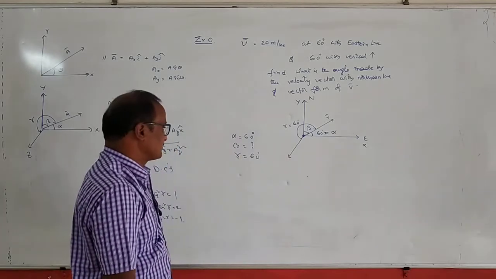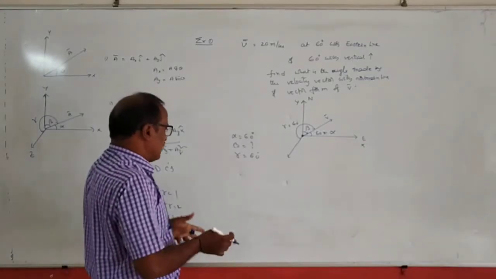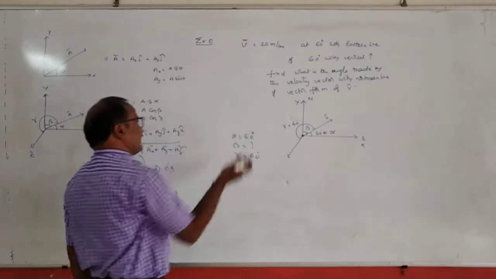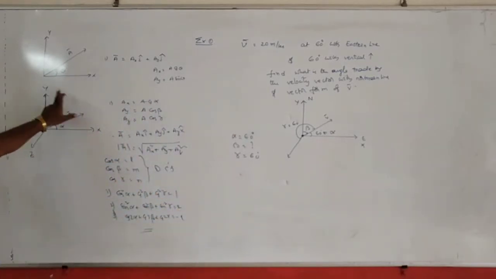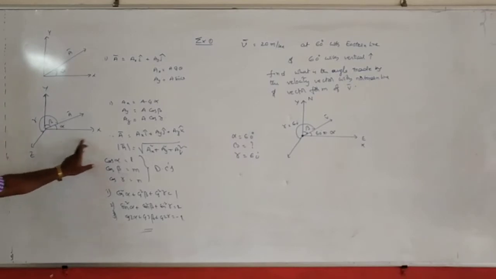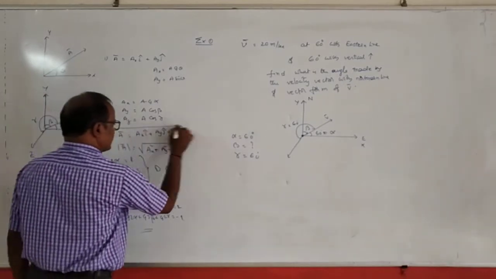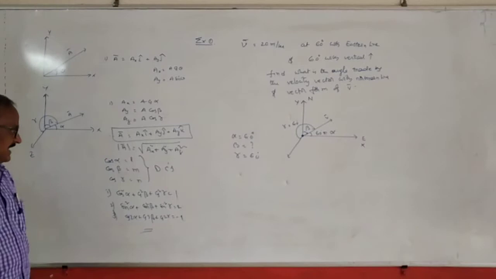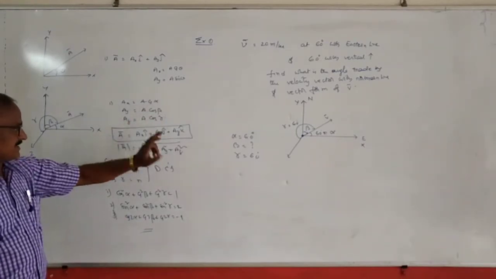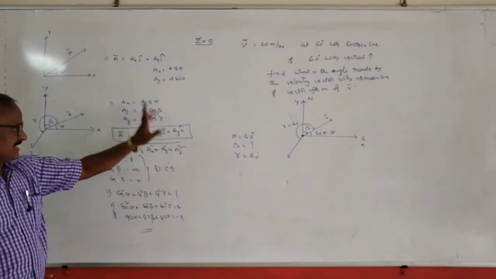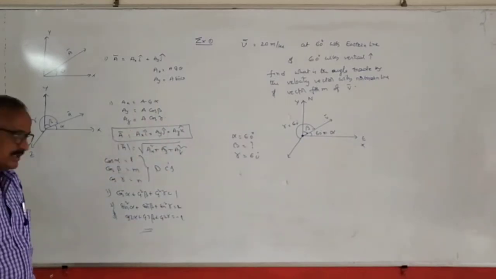Then how do we write the vector form of the given vector? See this example. Let a bar be a vector lying in space. Then a bar can be written as ax i cap plus ay j cap plus az k cap, where ax is a cos alpha, ay is a cos beta, and az is a cos gamma.